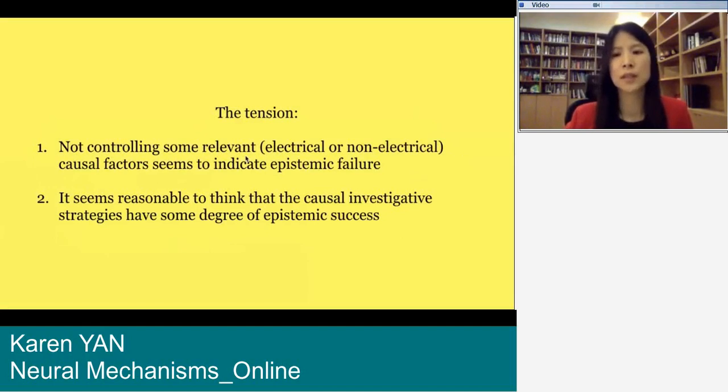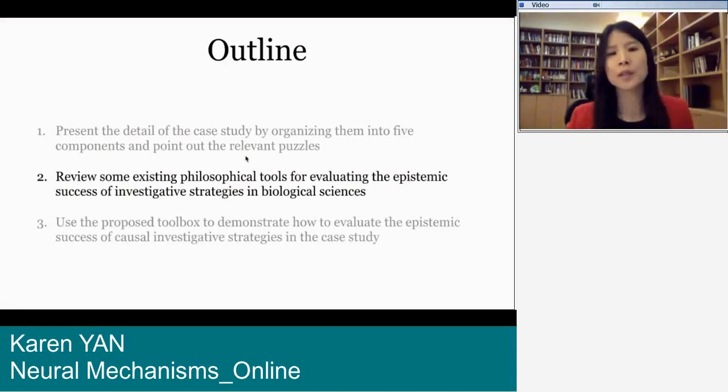And so this is the tension I want to address in my paper, and my goal is to show that we can dissolve this tension if we use a certain set of evaluative standards and strategies to evaluate this case study. That brings me to section 2 of my talk, which is to review some existing philosophical tools for doing this task.